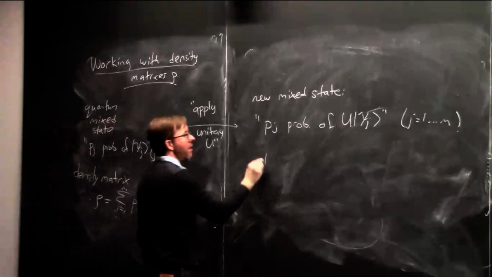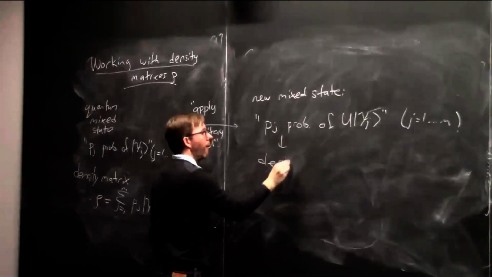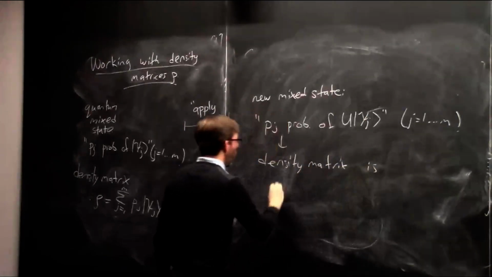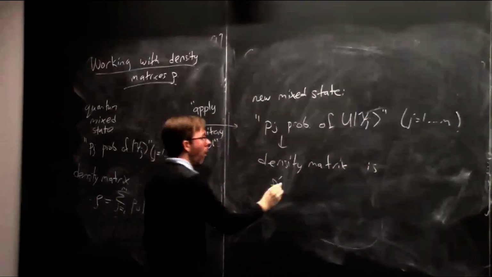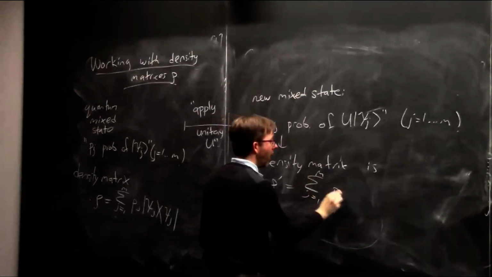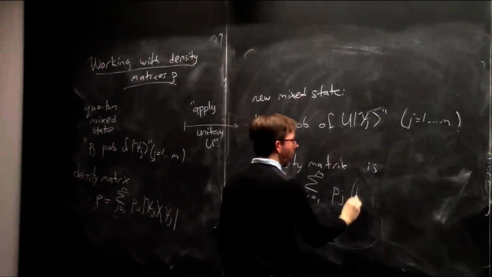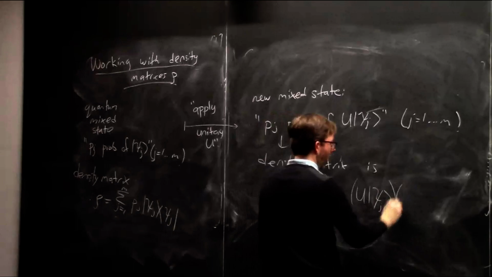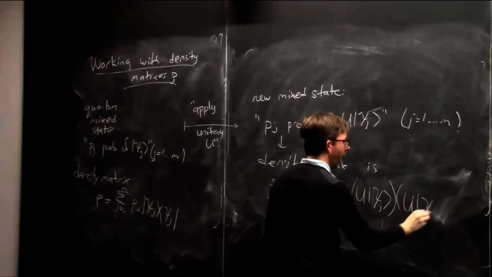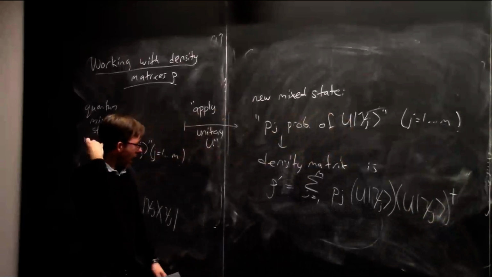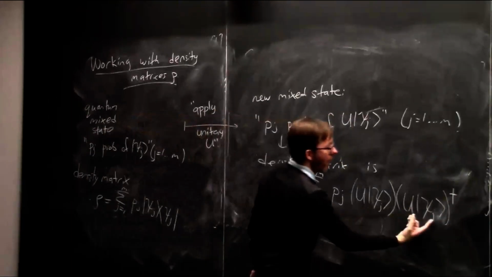And now let's compute the density matrix for this. We'll call it rho prime. Well, it's the sum, j goes from 1 to m, of p_j, and then U psi_j times the dagger of U psi_j. And what happens when you dagger this?